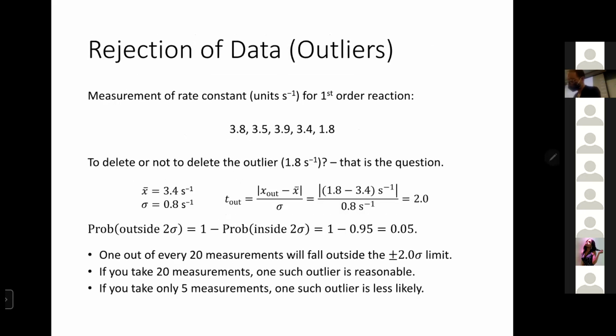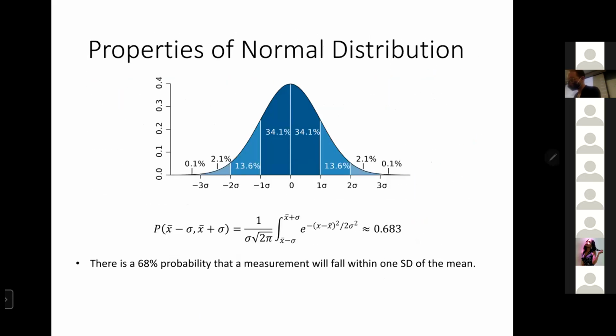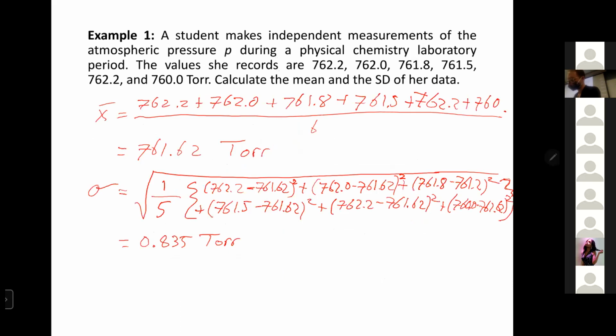Okay, so in the next example, we're going to apply Chauvenet's criterion to determine the outlier in the data in example 1, and see whether or not we should reject that outlier. Okay, so in example 1, let's see. I'll just go back and show you the numbers. Okay, so here are the numbers that you measured.